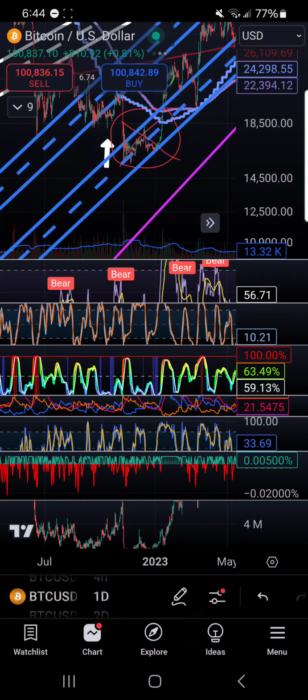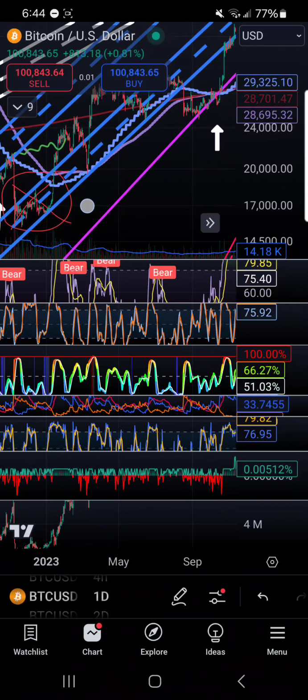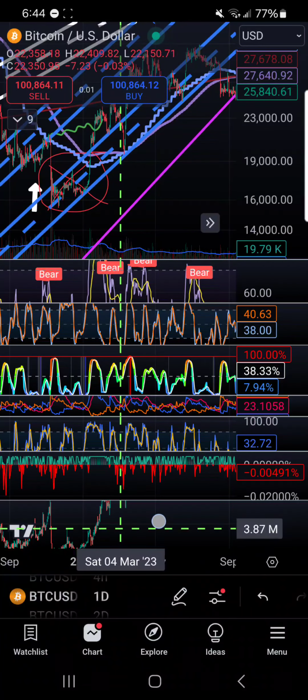Anyway, preceding big moves, open interest tends to fall off a little bit.